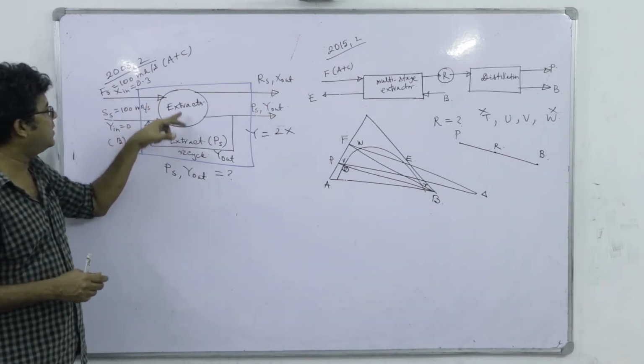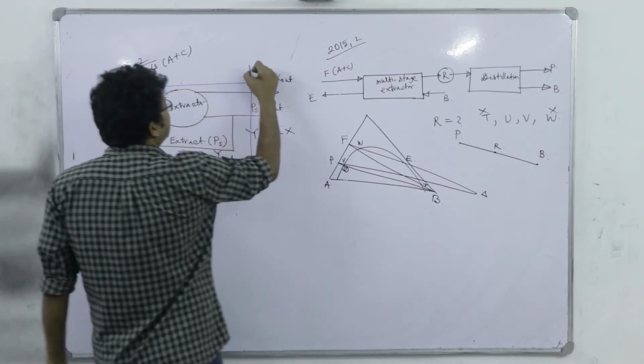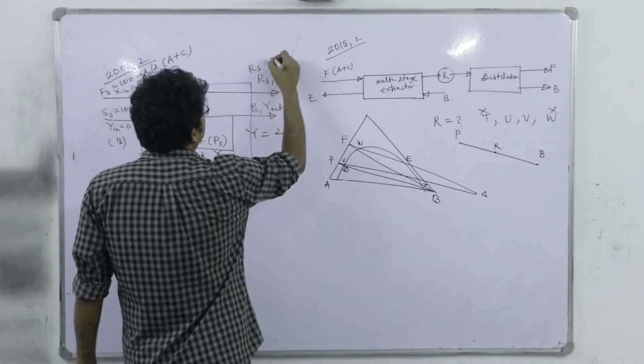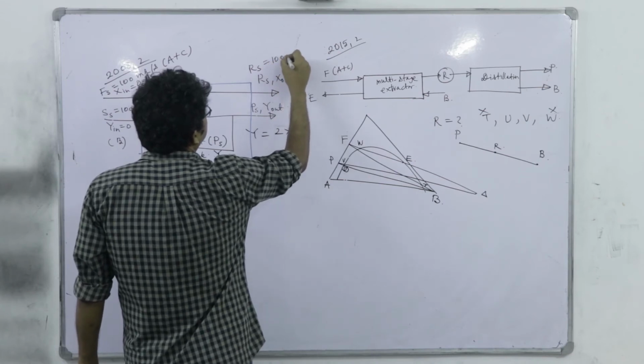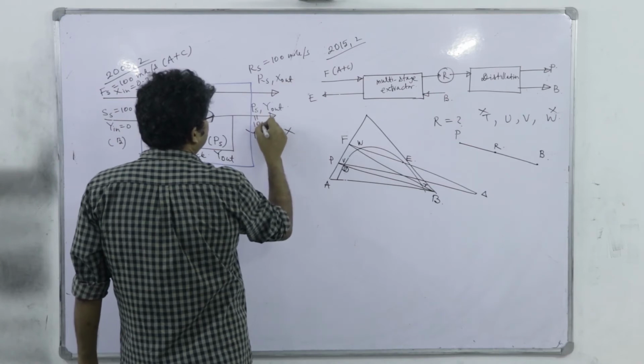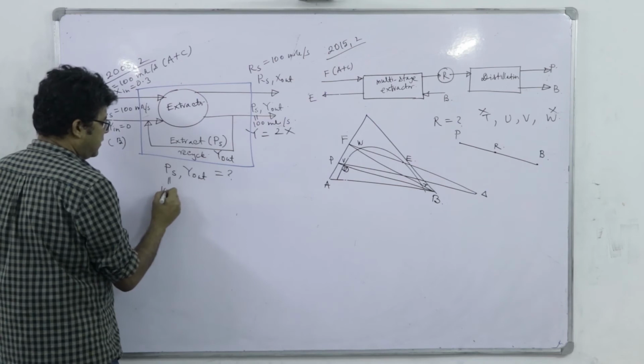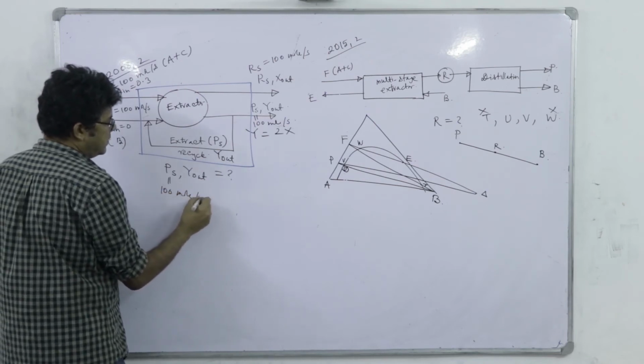So, solute only is getting transferred from this phase to this phase. So, obviously, we can conclude that Rs is equal to 100 mole per second and Ps is also equal to 100 mole per second.